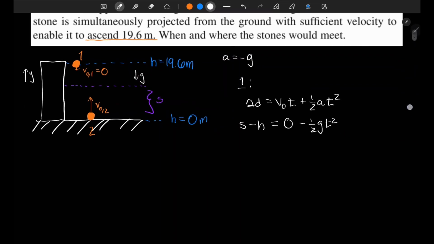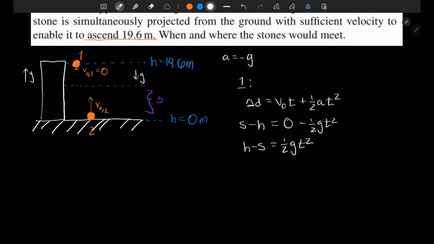The reason that it's minus is because a, the acceleration, is negative g. Okay, then we can multiply both sides by a negative sign, and we get h minus s is equal to 1/2 g t squared. Okay, good.